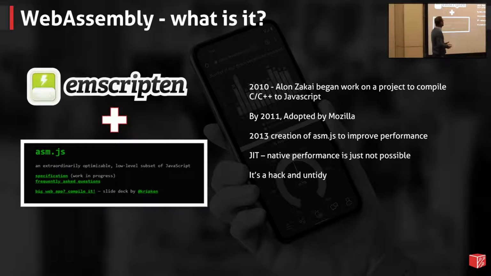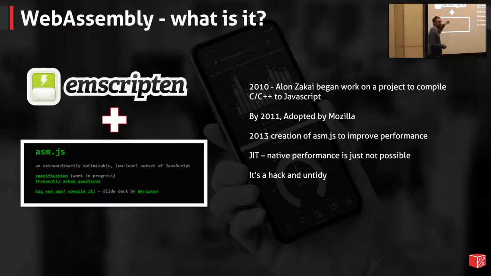Around the same time, a guy, Alon Zakai, began work on a project to compile C and C++ to JavaScript. It's worth looking up some of his YouTube videos. He actually described it as a fun project to try and get C or C++ compiling to JavaScript, which is mind-boggling from my perspective. By 2011, he was working for Mozilla, and Mozilla adopted the platform that he was building.